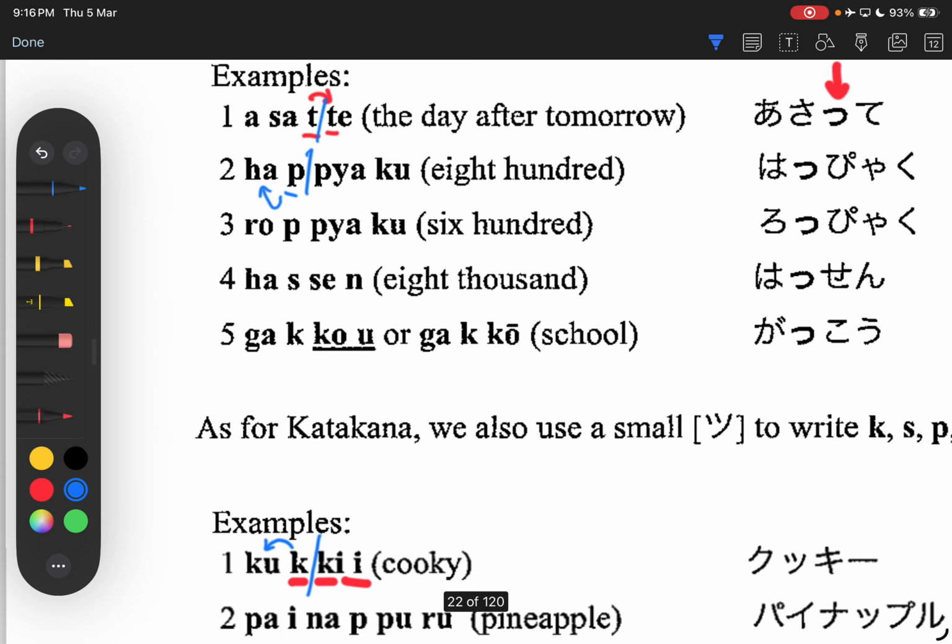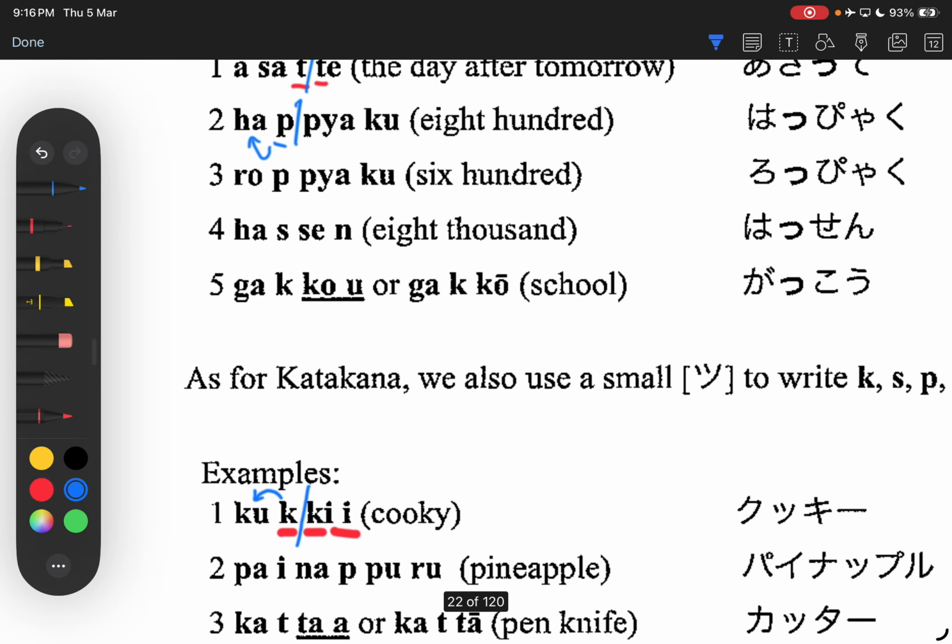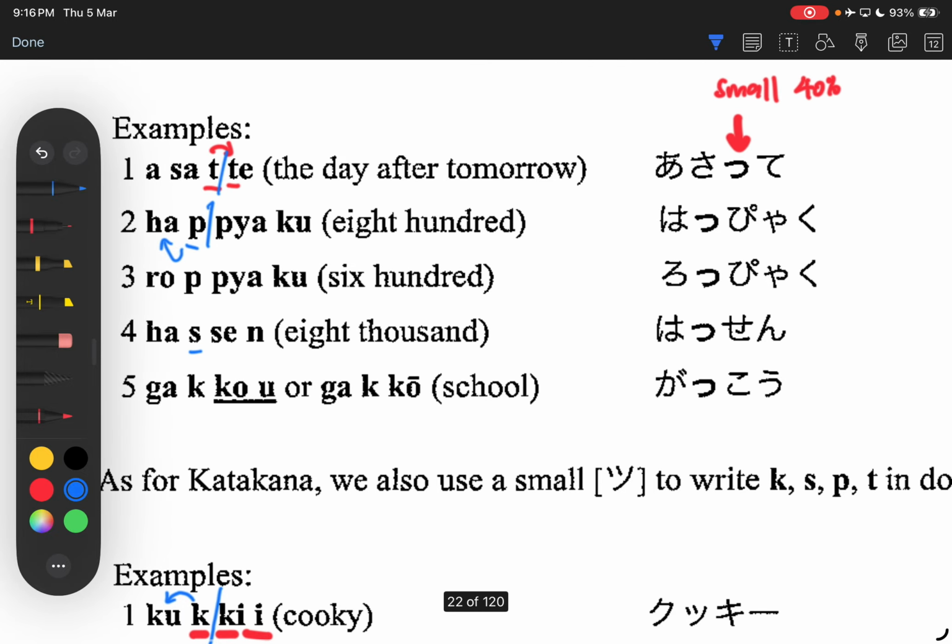We also can copy the S sound. Hassen. Instead of ha it is has. Hassen. Number 5 we have gakko. Instead of gakko, it's like gakko with the double K sound. Double consonant sound. So you see the hiragana on the right side, how they write it is by using the small tsu.